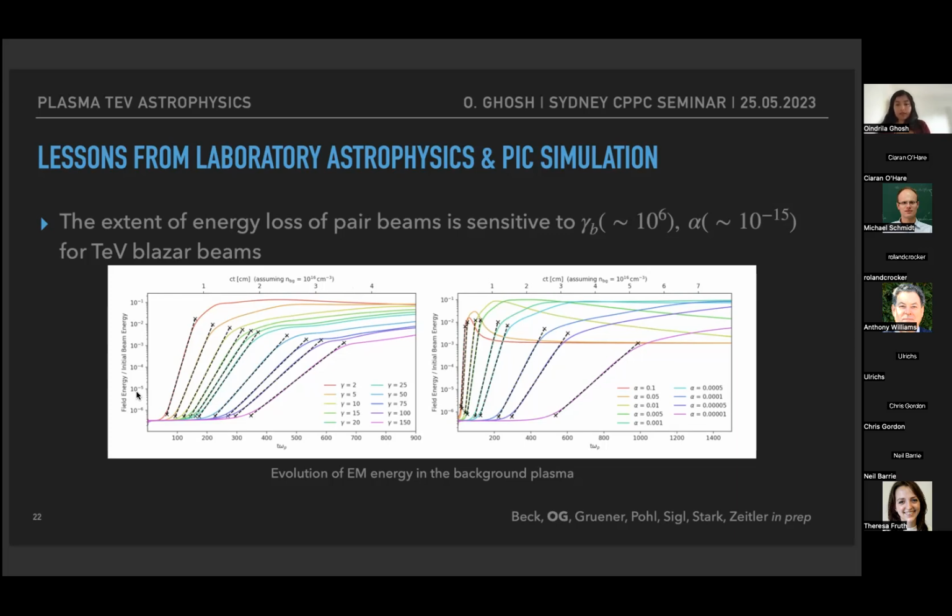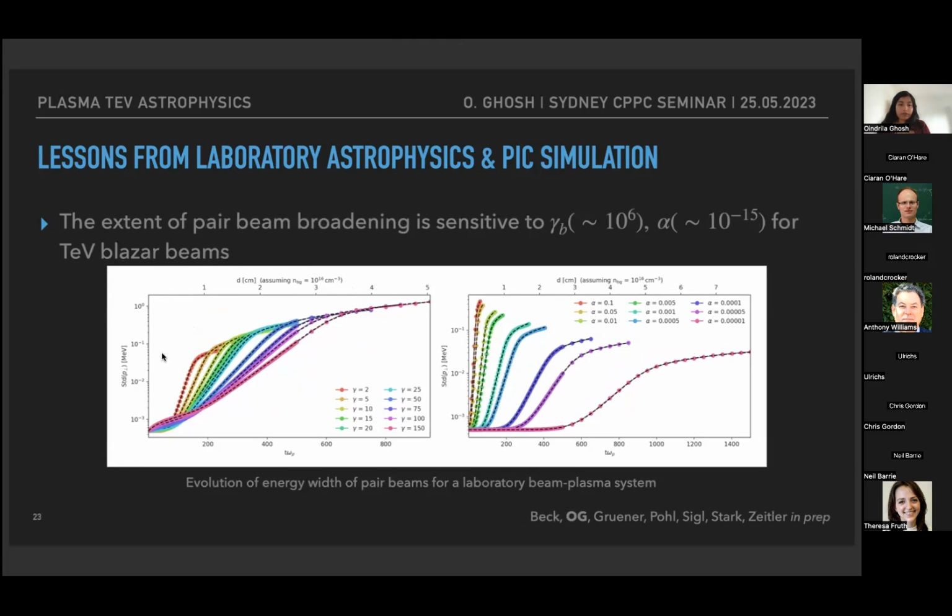Right, so we once again see the impact of the broadening and how it scales with different gamma factors and different density contrasts here. And we clearly see that this is quite pronounced for astrophysical pair beams.